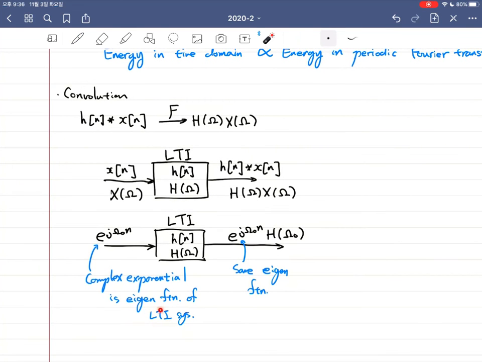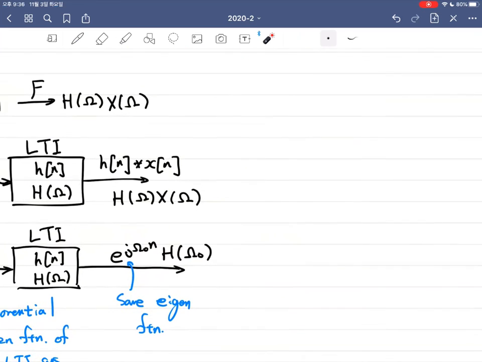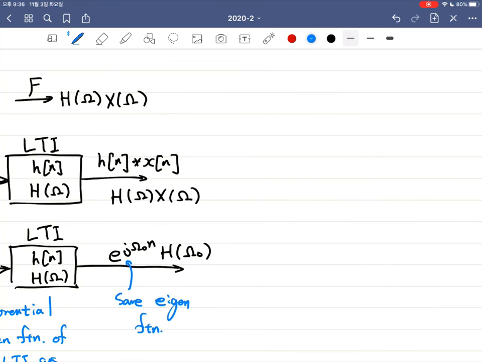We wrote down this stuff a couple of times, right? But I would like to repeat this because it's a very important part. And this large H of omega 0 was called what? It's called the eigenvalue, right?